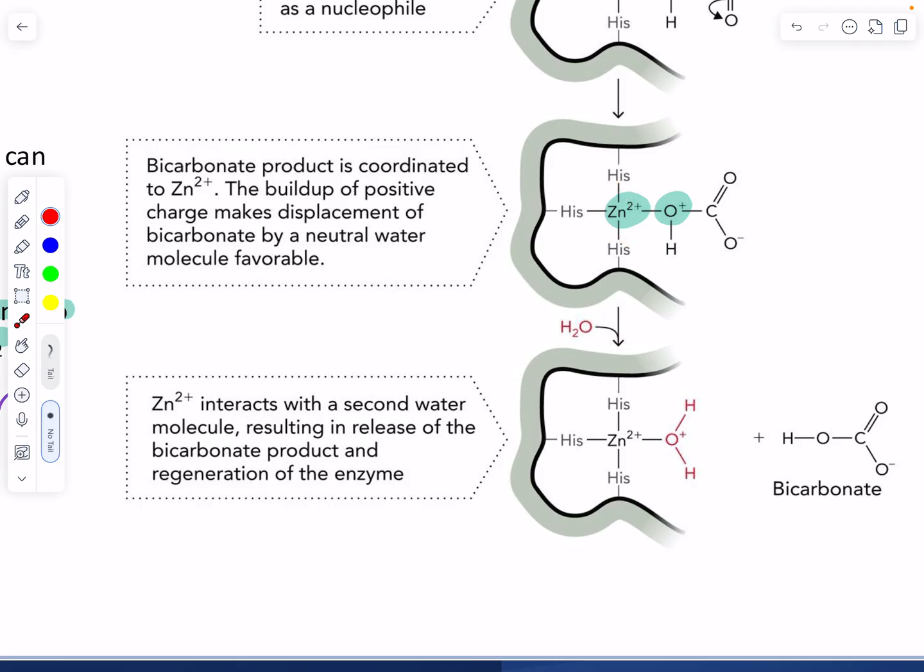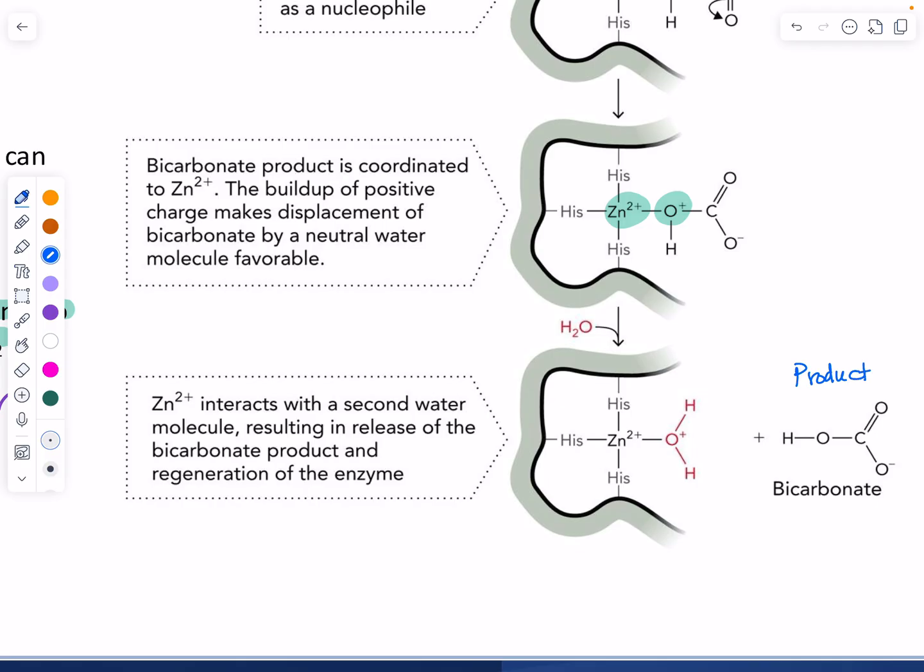All right, so what's going to happen is a second water molecule is going to come into the site. It's going to pop the product off, and it's going to have another water molecule come in, right? So here's our product.